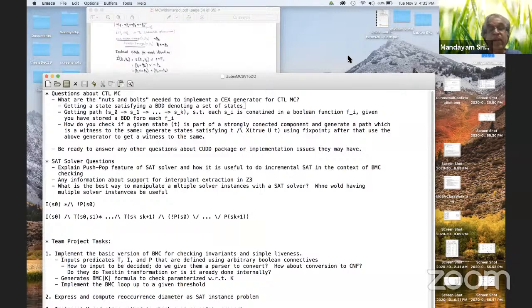And then that will give you something that is in I that will get you to the successor state.